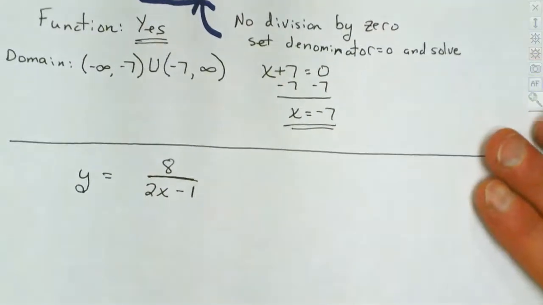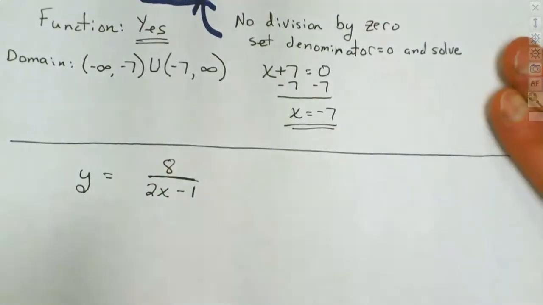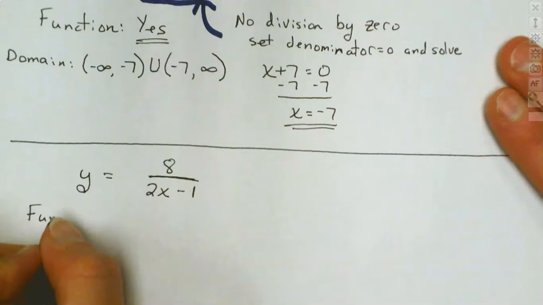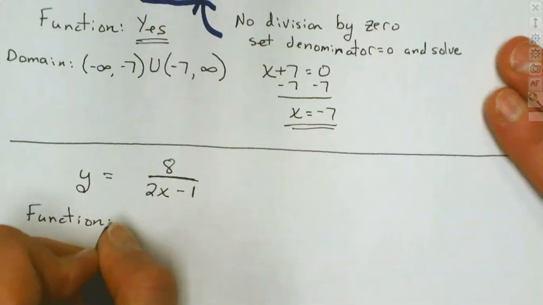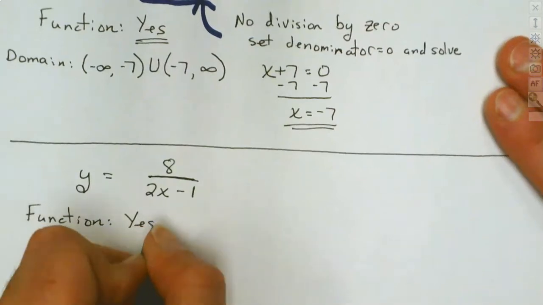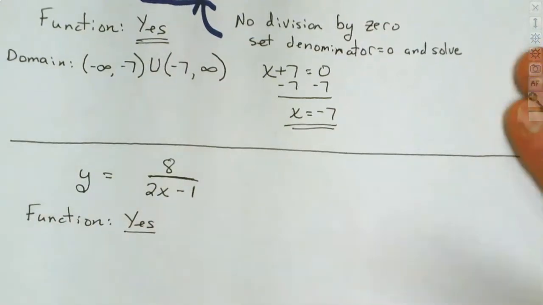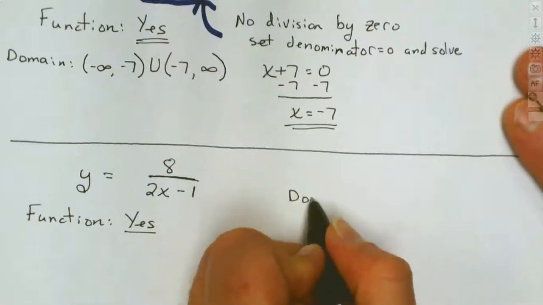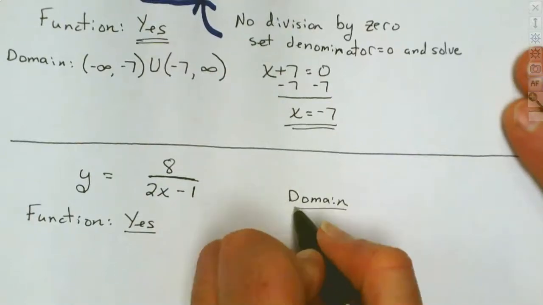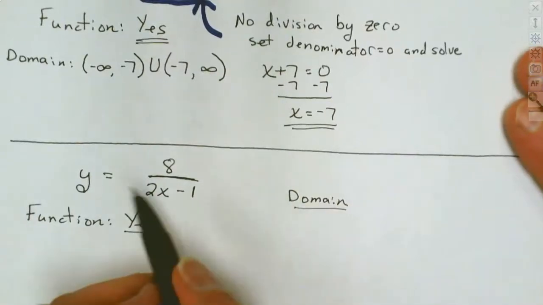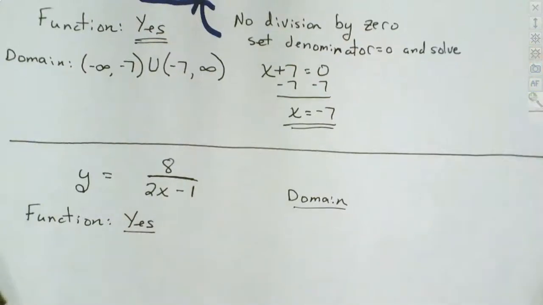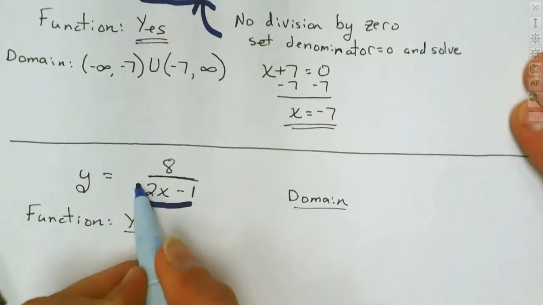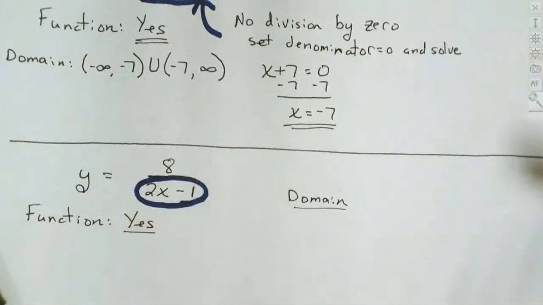Okay, so we're going to go through the same process that we did a moment ago. Is this one a function? Yep, because it's been solved for y. That's the easy part. What about the domain? Well, we have, again, a possibility of division by 0.